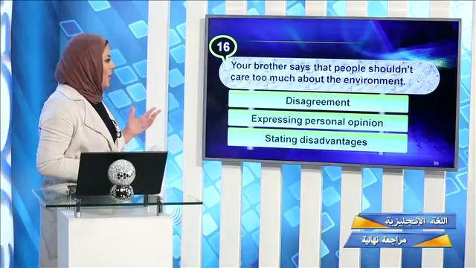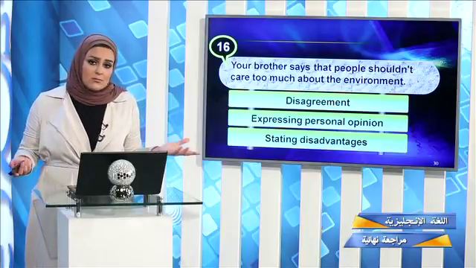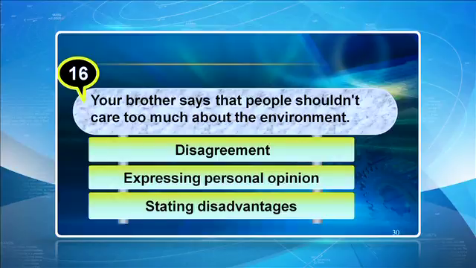I think that people should care about the environment because it is important to us. Of course, you can express your personal opinion, or you can tell him the disadvantages of not taking care of the environment. For example, you can tell him, well, if we didn't take care of the environment, we can have a lot of diseases because of pollution, etc.